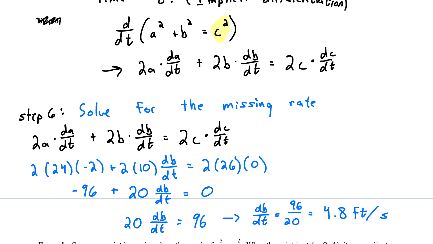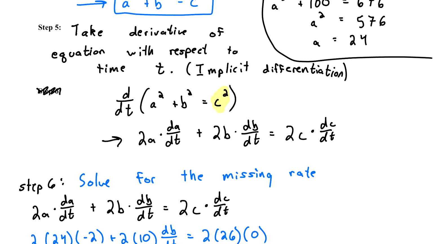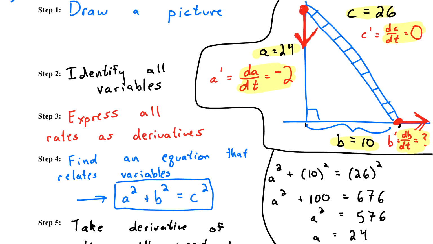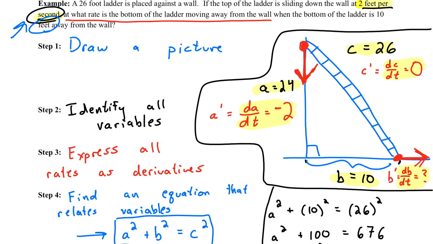I can even say a little bit more if I wanted to. I can look at the sign of this, and because we ended up with a positive 4.8 feet per second, we can say that side B is increasing by 4.8 feet per second at this particular moment in time. And that matches exactly what we said was happening with our picture.